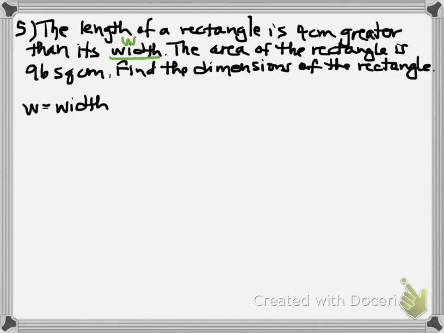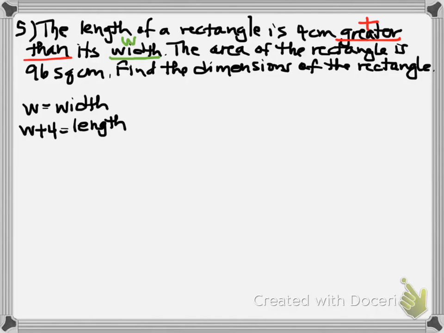To get the length, I read the sentence from the beginning, and it says the length is 4 centimeters greater than. Remember what greater than means. It means more, or in operations, plus. So if I take the width and I add to it 4, that's going to represent the length.